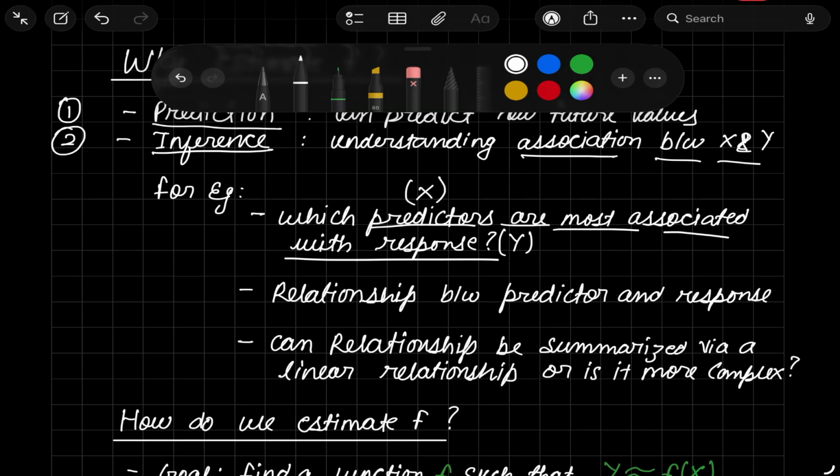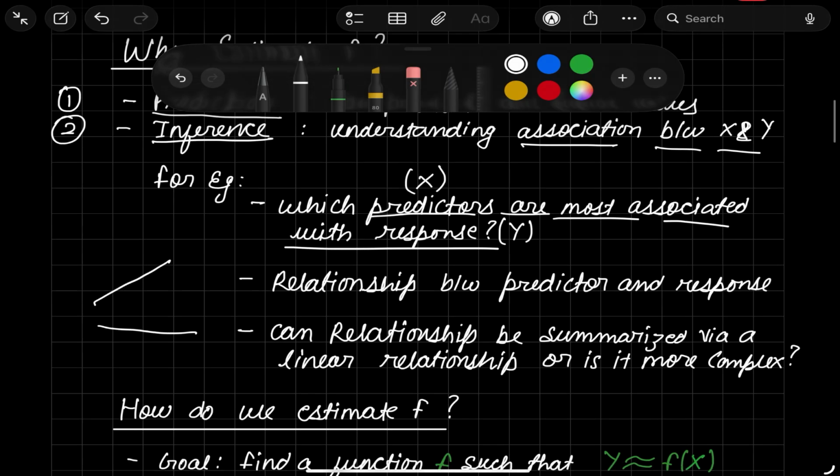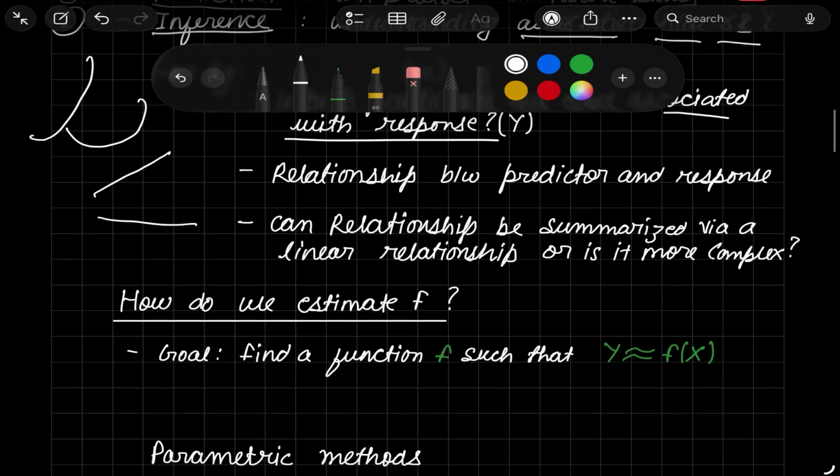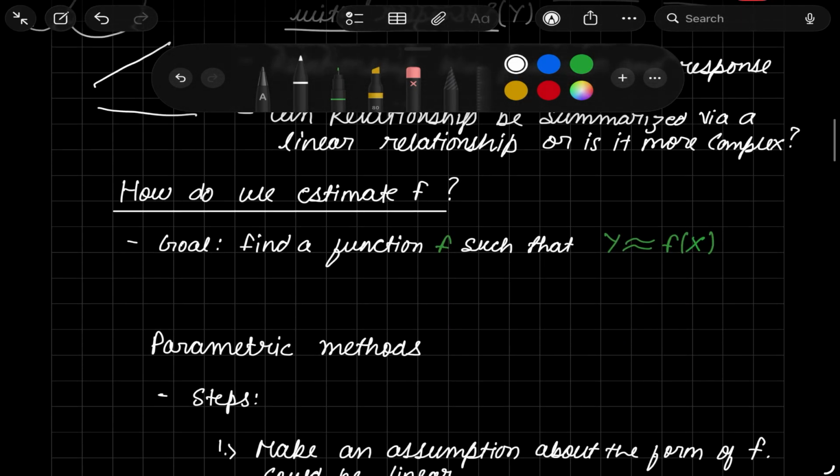Can the relationship be summarized by a linear relationship, or is it more complex, quadratic, declining, or exponential? So for inference, we estimate f. Those are the two things, prediction and inference. Now the question arises: how do we even estimate f?